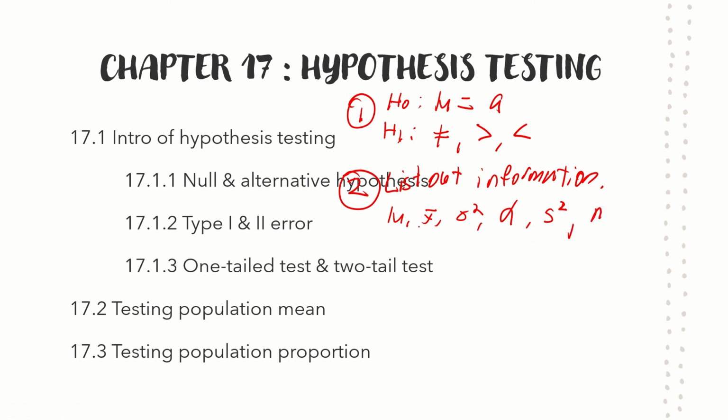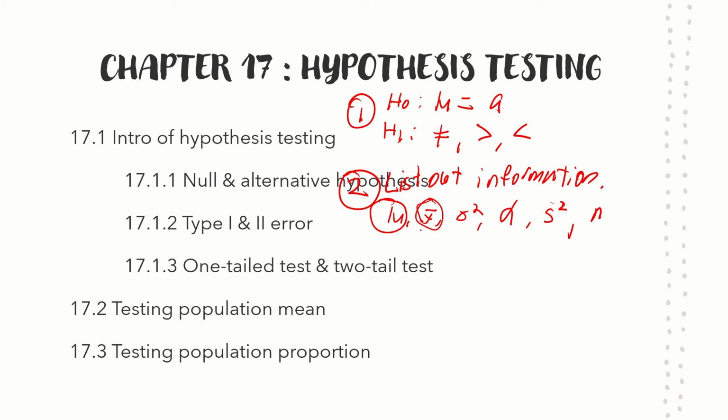So that is why I need to differentiate between population and sample, because in this chapter you have to differentiate from the question who is the sample mean, who is the population mean, who is the sample variance, who is the population variance.